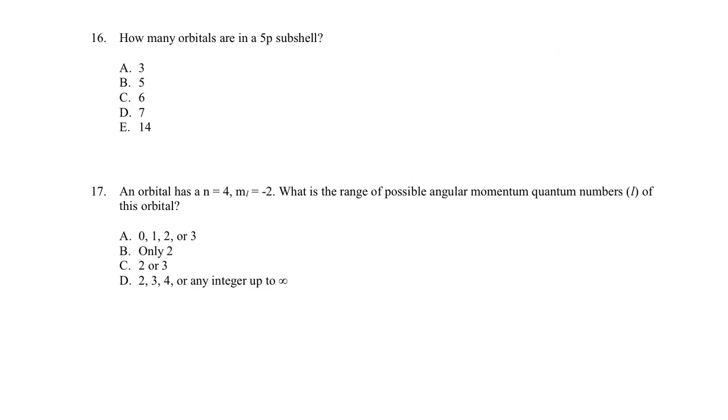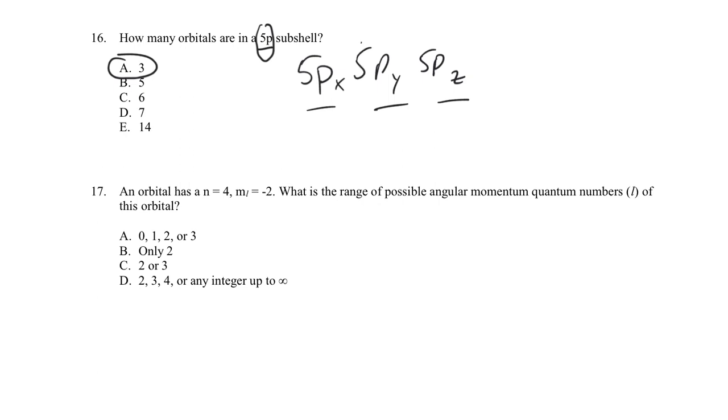How many orbitals are there in a 5p subshell? The 5p subshell just contains the 5px, the 5py, the 5pz, so we just get these 3 orbitals here. Why you get the 3: n equals 5 for this orbital, but the L is equal to precisely 1.